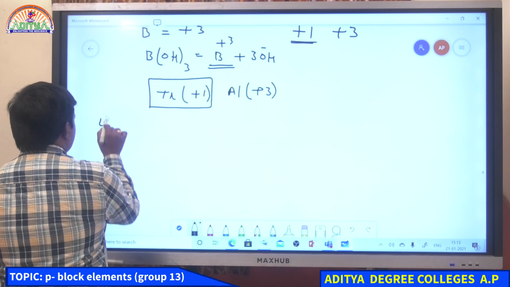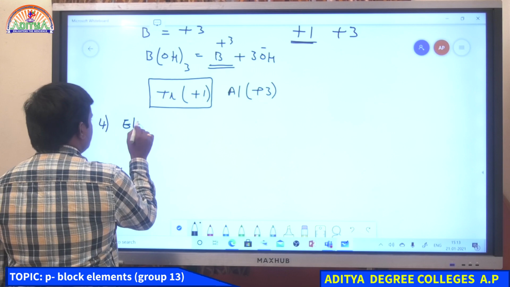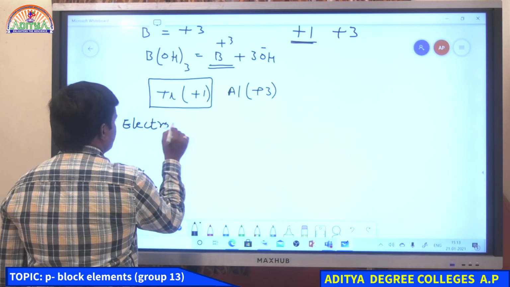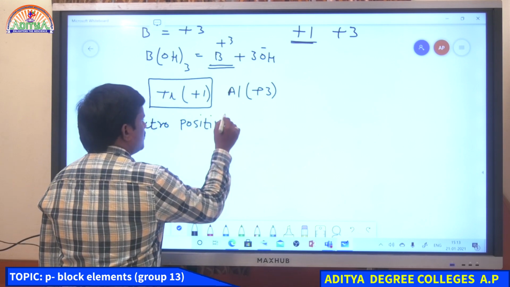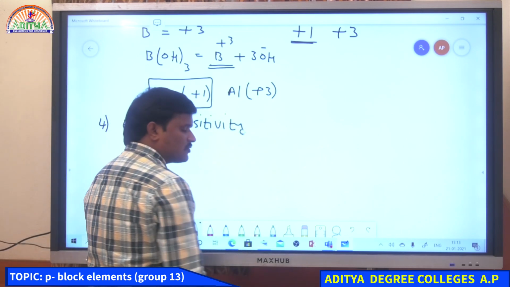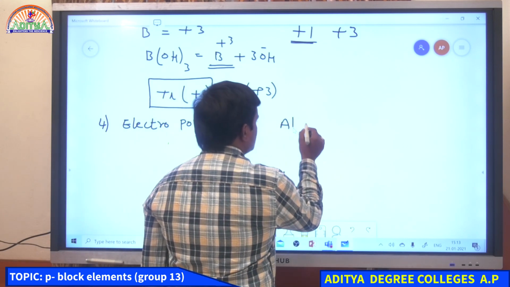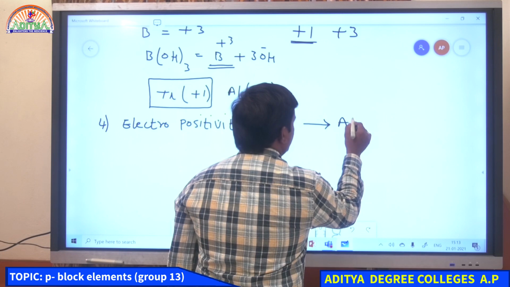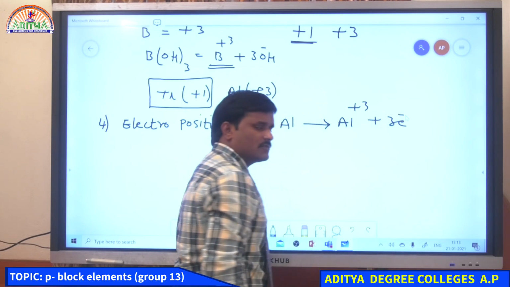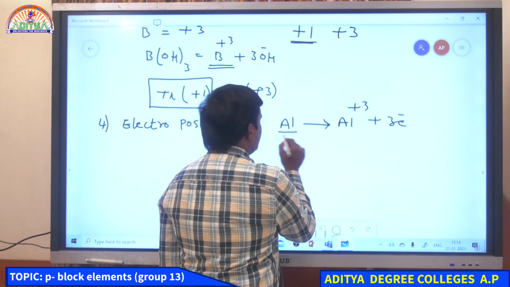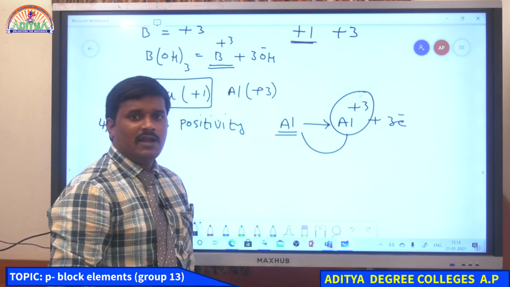And next, the fourth property is electropositivity. Electropositivity means, for example, neutral aluminum is converted into Al3+ by losing 3 electrons. An element is converted into a positively charged ion, which is nothing but a metal.